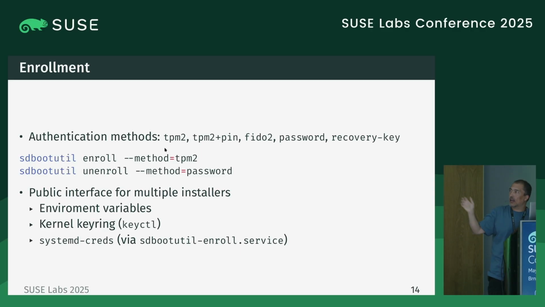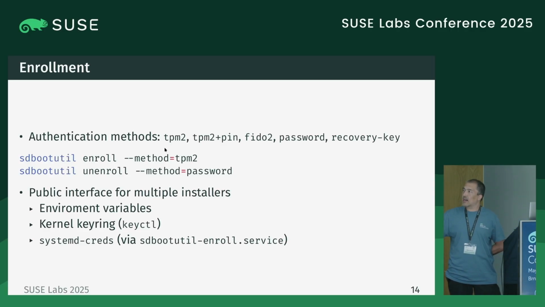One of them is the traditional one of entering the data, asking with a prompt, or environment variables for debugging or very small tests. But the cool one is using the kernel keyring. keyctl is a very nice way to put certain secrets, and now the kernel is going to have the ownership of this secret and is going to control who can access it using concepts like session, users, and process.